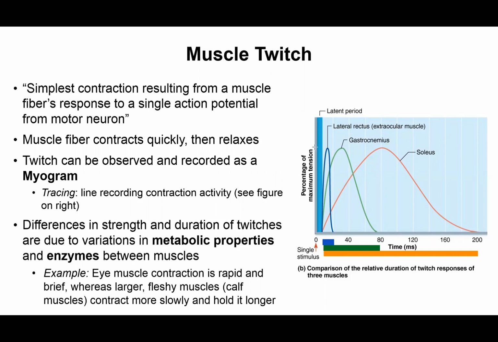If we notice that single action potential in terms of the strength that it gave the muscle, all three muscles were given the same amount of tension. Okay, so they resulted in the same amount of tension. They just held that contraction for different lengths of time. We're going to talk more about the twitch, so don't you worry.